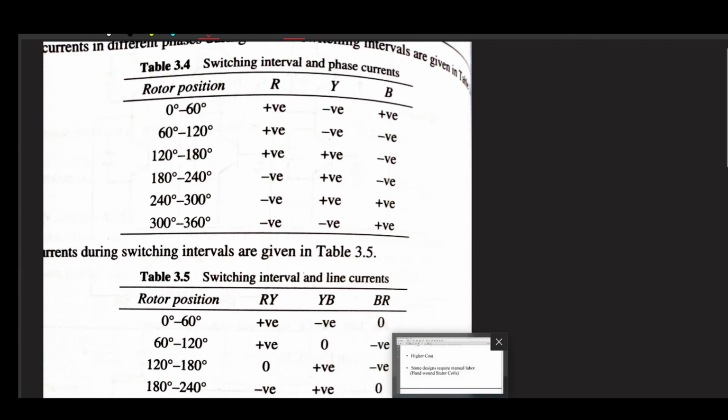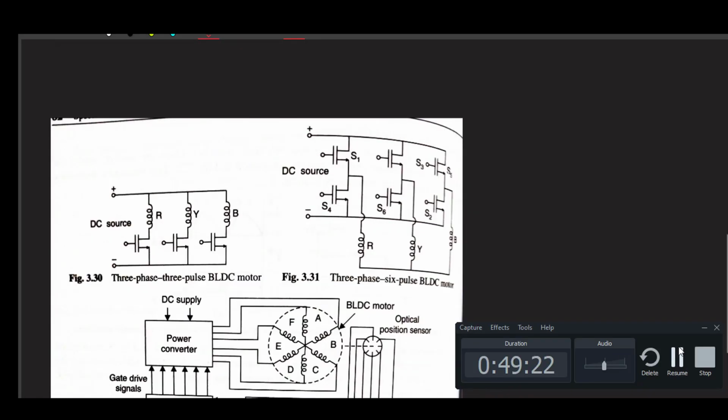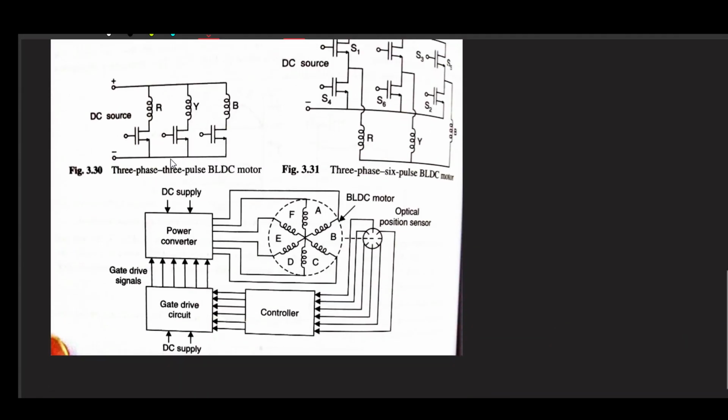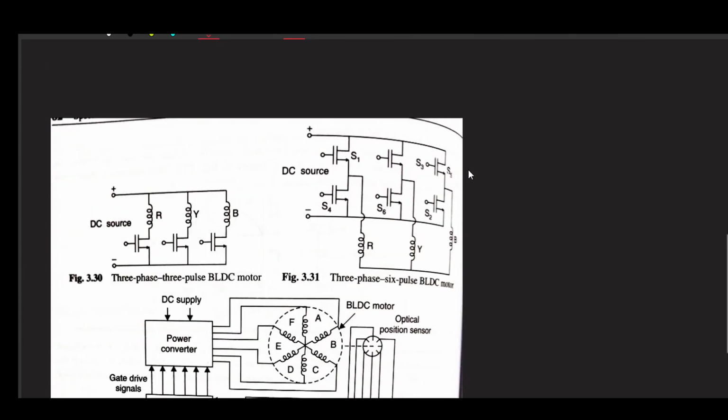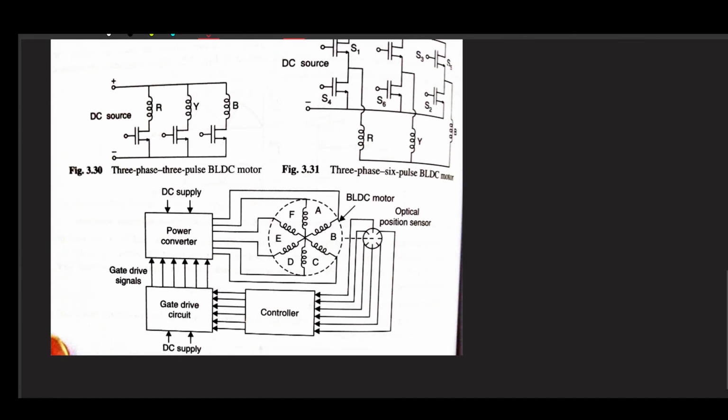Now the last thing that remains is this one, that is 3-phase 3 pulse and 3-phase 6 pulse BLDC stator. Now in order to understand this in a simple manner, we can go back to our narrow spread stator coil and wide spread stator coil. What was there in narrow spread stator coil and wide spread stator coil?